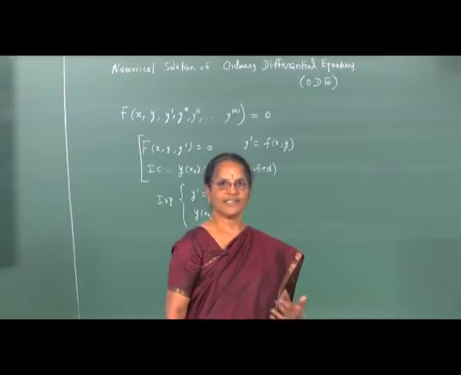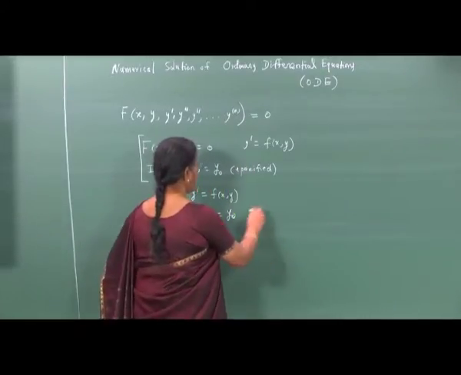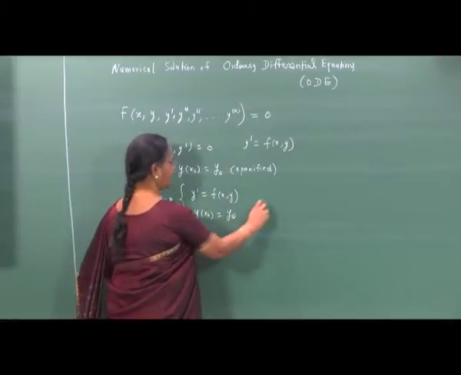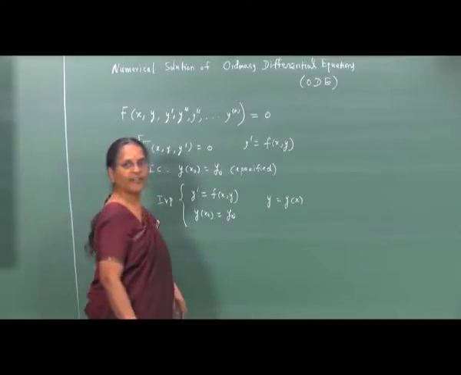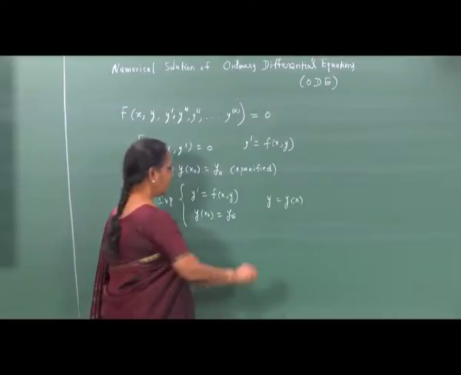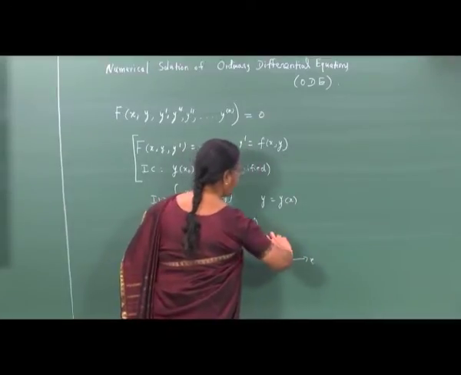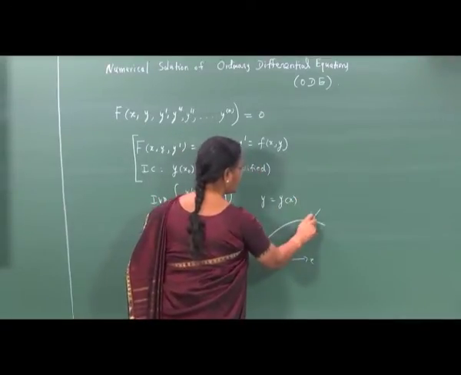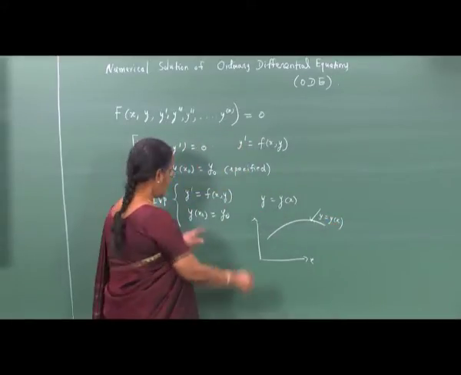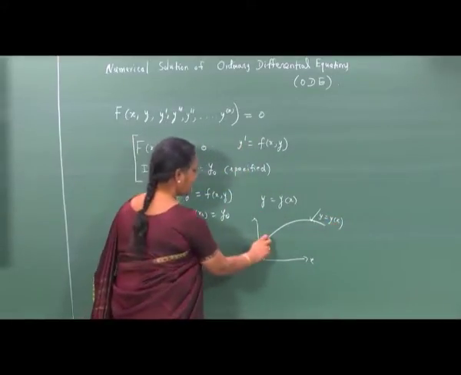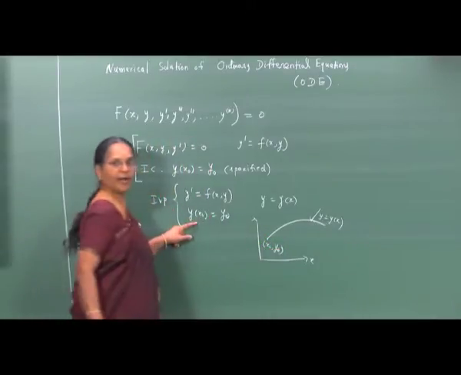The first question that comes to our mind is, can we interpret it and understand what this differential equation represents and what does the initial condition give us? So, we know that the solution of this differential equation is some function y equal to y of x, which is a smooth function, such that in the xy plane I need to find out what this curve y equal to y of x is, such that the initial condition tells that it passes through the point x naught, y naught.